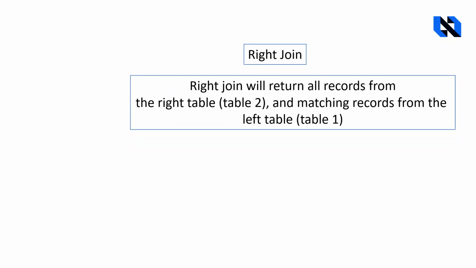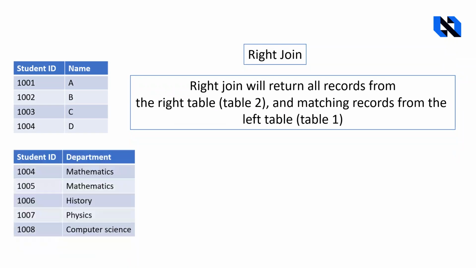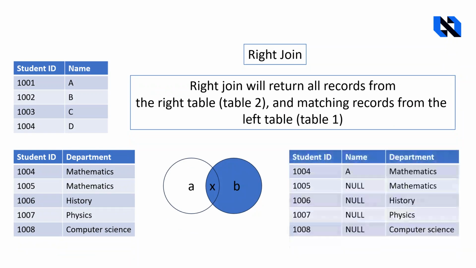Now back to the example of our student table and our department table. What the right join would return would be all the records from the department table, which is 1004, 1005, 1006, 1007, and 1008. Now, for the student ID, we do not have corresponding names in the student table.